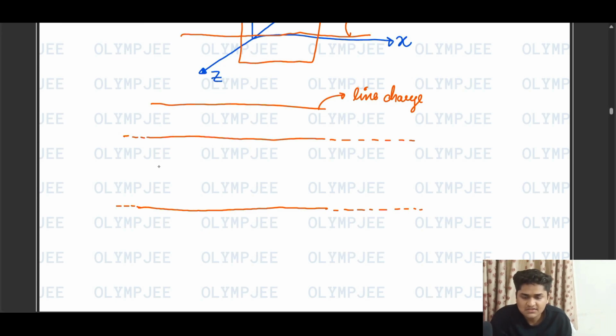This is the line charge which is on top of the middle of this plane and this distance is given as 2 and this distance is also given as 2.